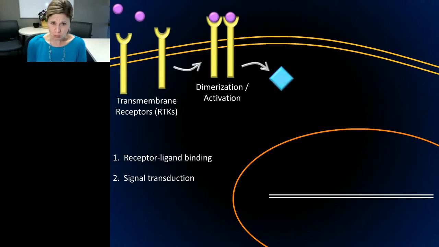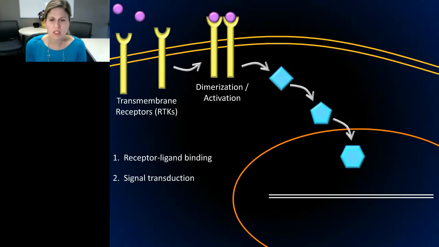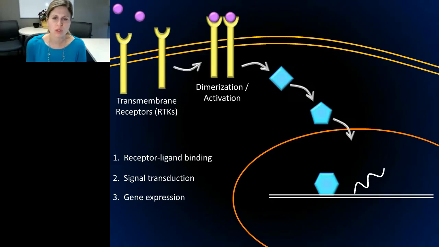That activation can then activate signal transducing molecules, proteins within the cell, that can activate other proteins, and potentially transcription factors that move into the nucleus and bind to DNA and, with the help of some general transcription factors, recruit an RNA polymerase to start gene expression and creation of an mRNA molecule that can ultimately be translated into a protein.